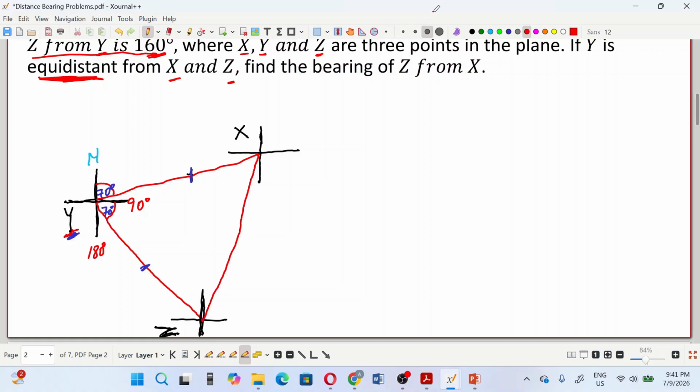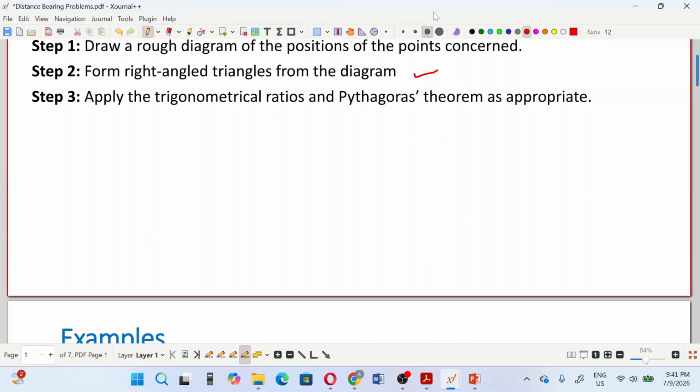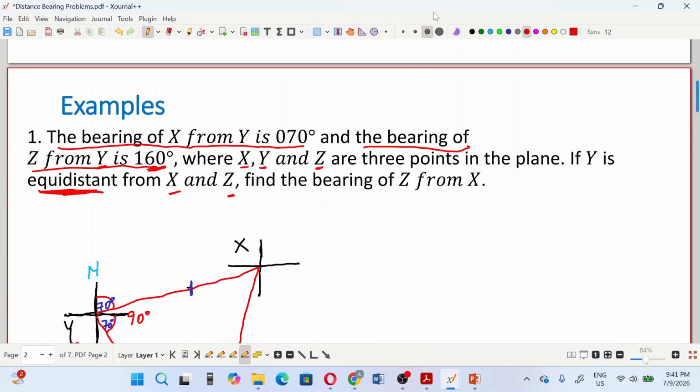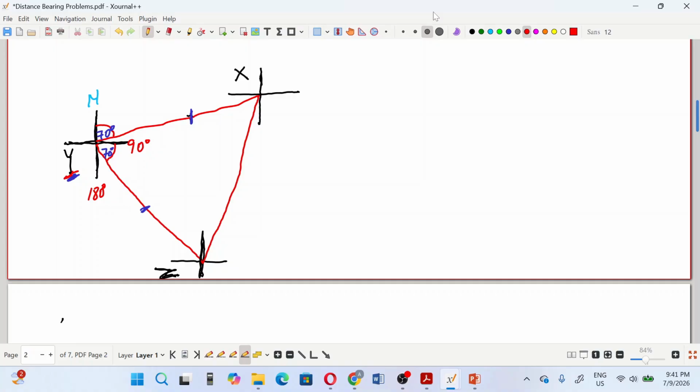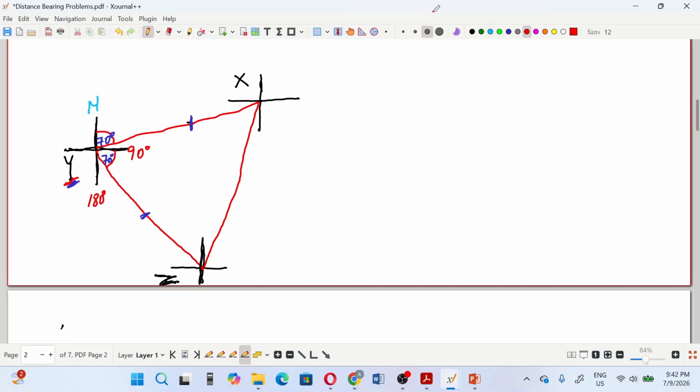So from the first step, it says, just do a rough diagram. And we have our rough diagram, right? So what did the second step say? Let's move on to the second step. It says, form right angle triangle from the diagram. So automatically, we now have our right angle triangle from the diagram. Now, realize that the red one shows a triangle.